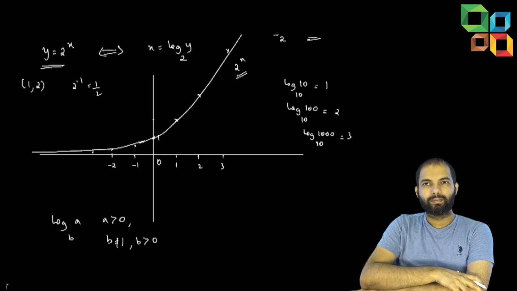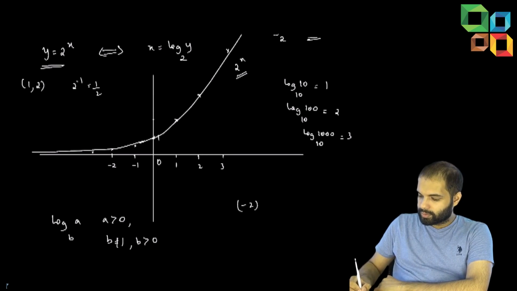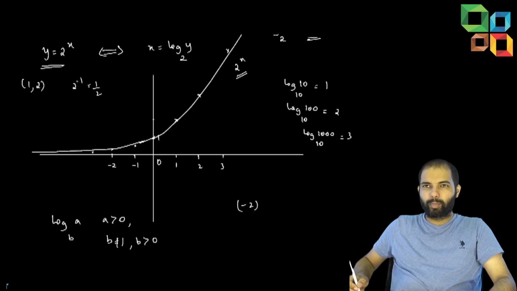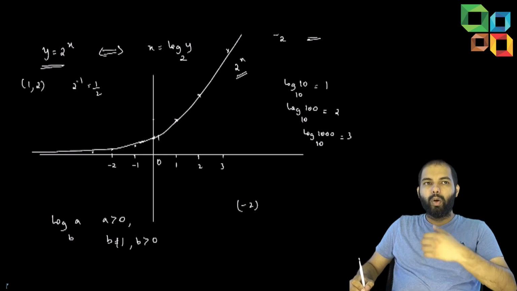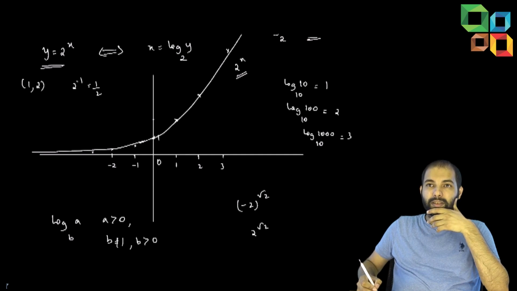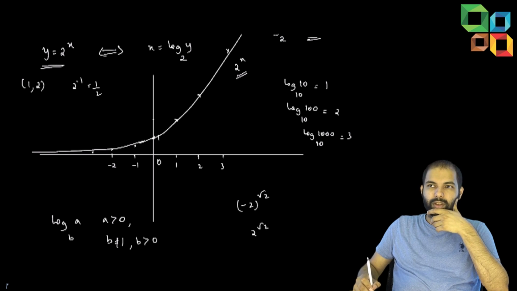Because -2 to the power of √2 or something. Can you complete the argument? Why √2? Think of some proper number. We can think of 3, but here we get the answer. So you're saying if I take a positive number to the power of √2, it's fine, but if I take a negative number to the power of √2, it's not valid?